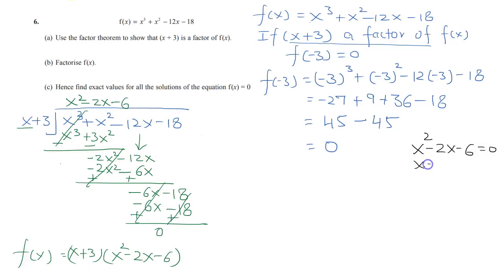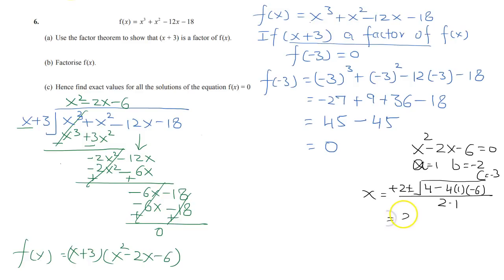So a is equal to 1, b is equal to minus 2, and c is equal to minus 6. So x is equal to minus b plus or minus root of b squared minus 4ac over 2a, 2 multiplied by 1.